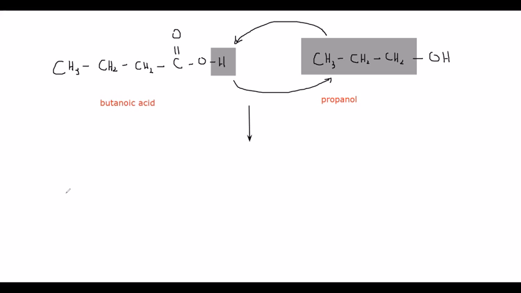so if I draw the structure, it is CH3, then CH2, then CH2, then C double bonded with O, and till O. So till the oxygen of the carboxylic acid.